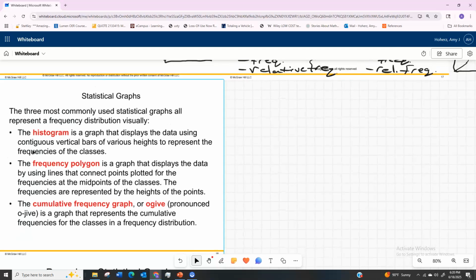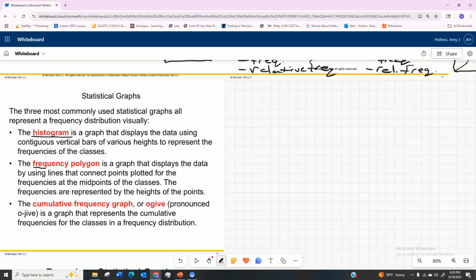As we mentioned, the three most commonly used statistical graphs all represent a frequency distribution, the tables that we made in the last section, visually. A histogram is a graph that displays the data using continuous vertical bars, so it's a type of bar graph.